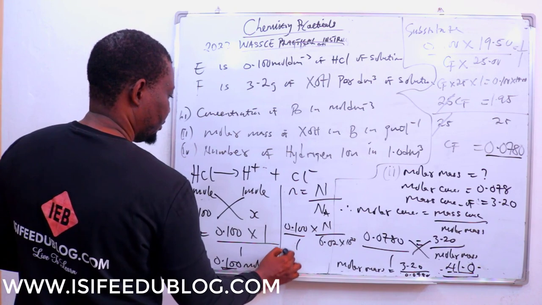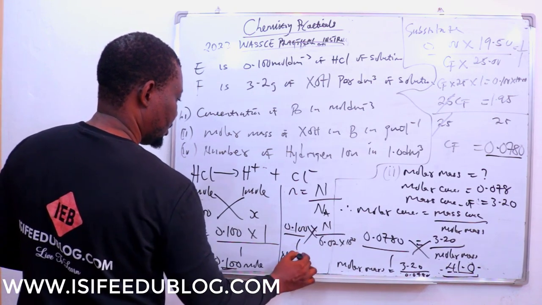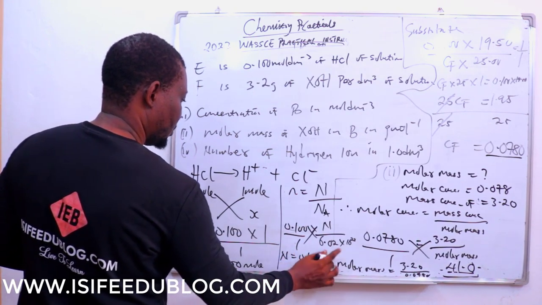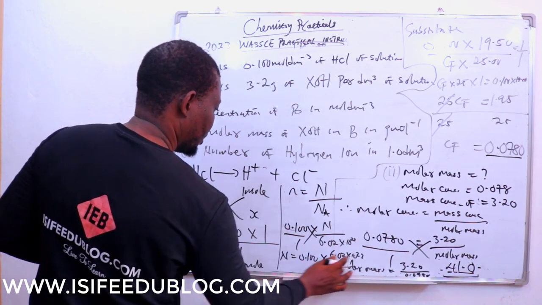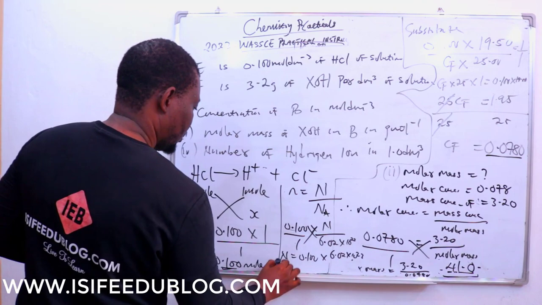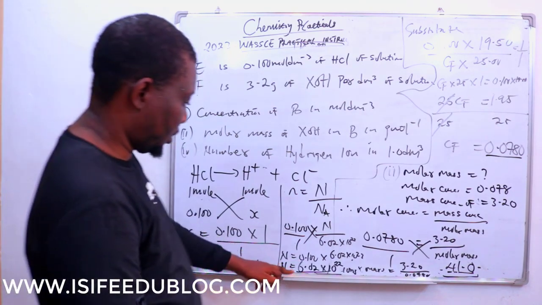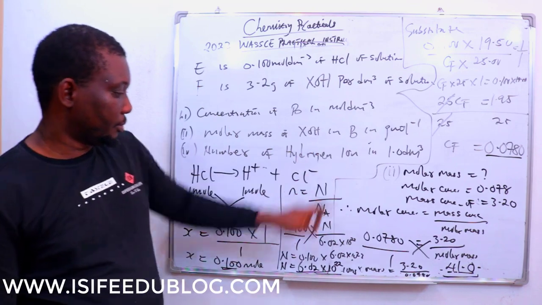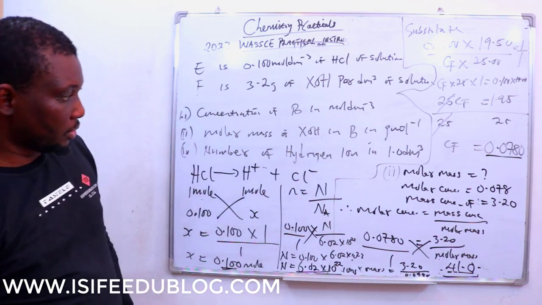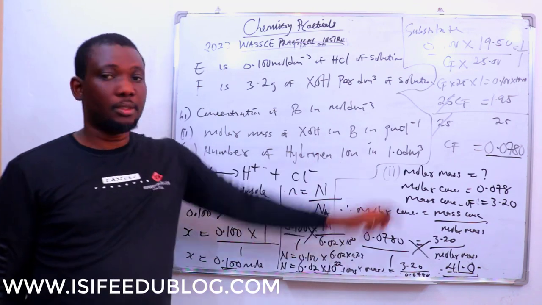So N is 0.100 times 6.02 times 10 to the power 23. What is your answer? You have 6.02 times 10 to the power 22 hydrogen ions. That's the number of hydrogen ions contained in one dm³.